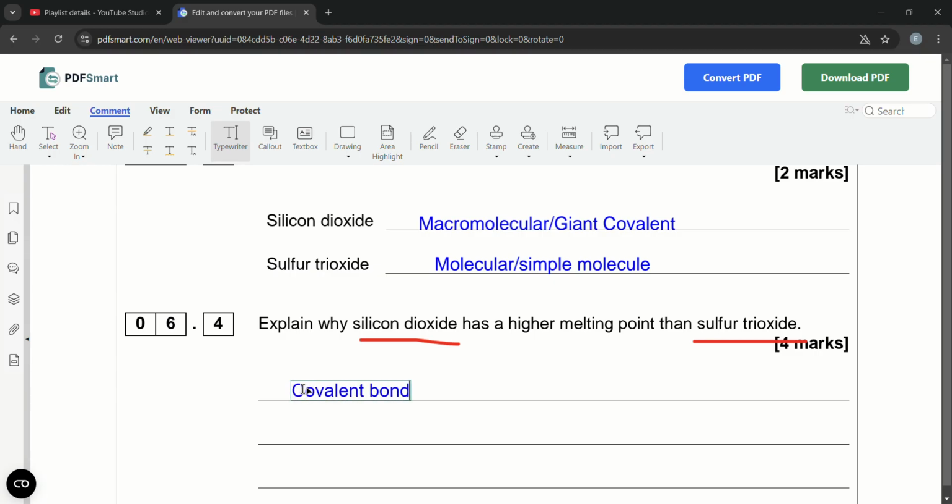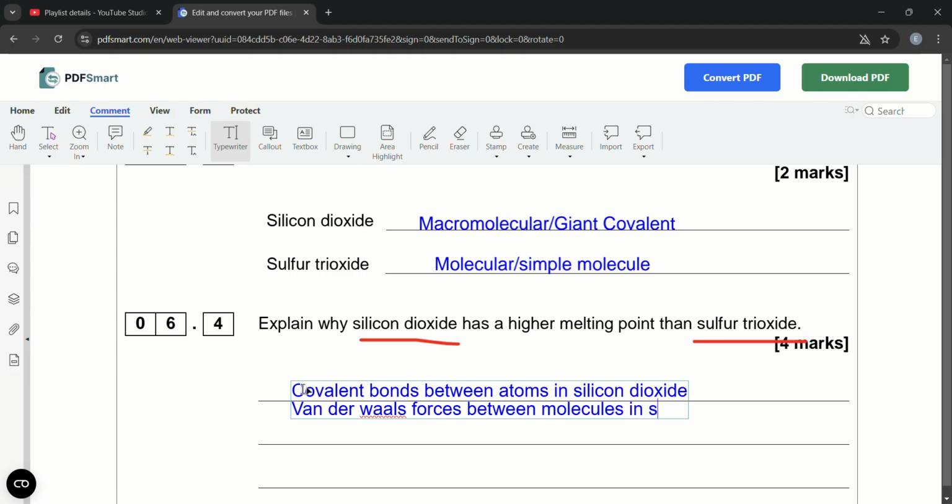Covalent bonds between atoms in silicon dioxide. Van der Waals forces between molecules in sulfur trioxide. And obviously it might seem common sense, but you should know it.